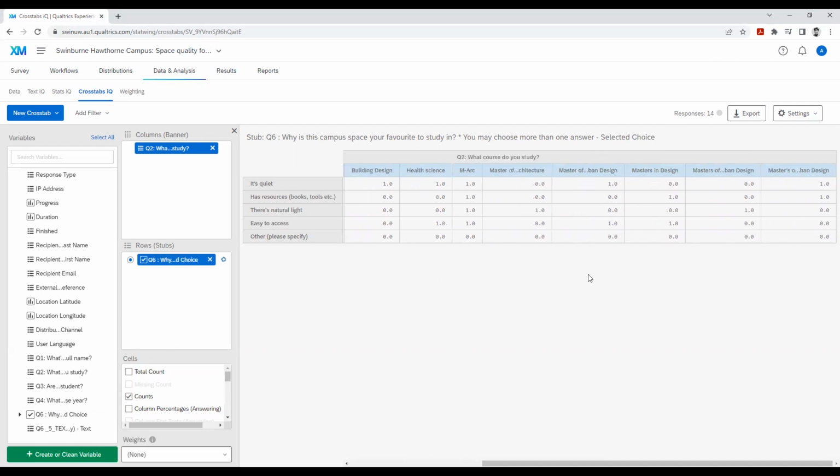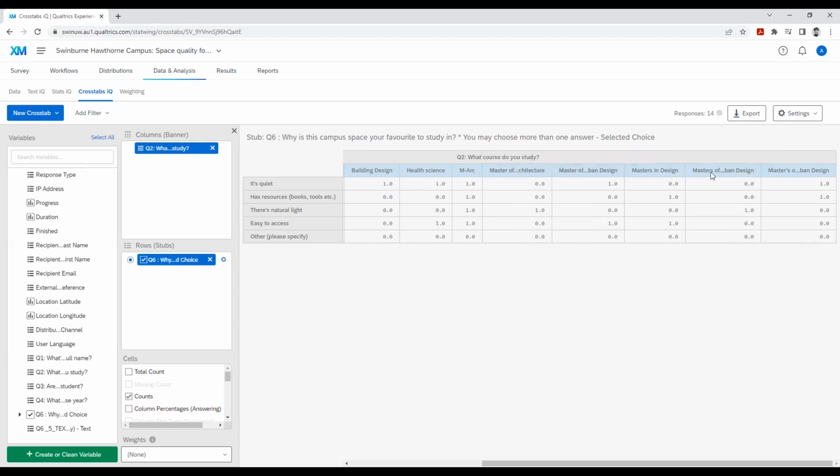Now, as we read through this, we can understand, for example, that a health science student chose that the space they chose was because it was quiet and it was easy to access. Compared to a Master of Architecture and Urban Design, they also shared the same response.